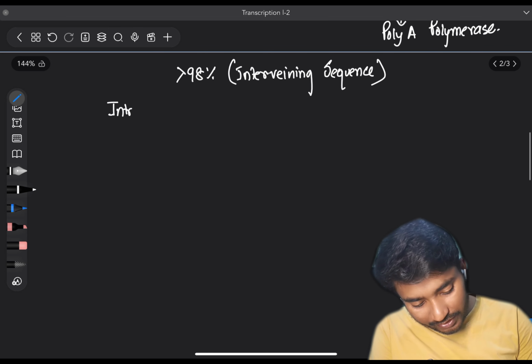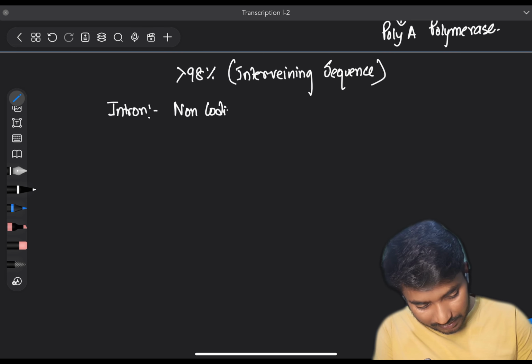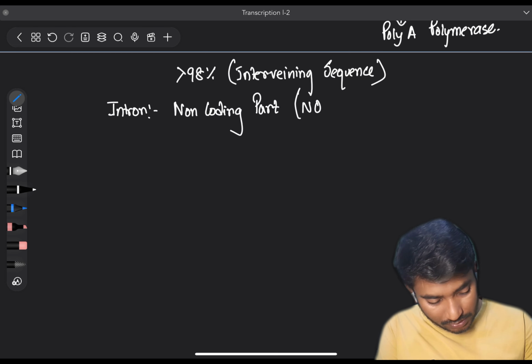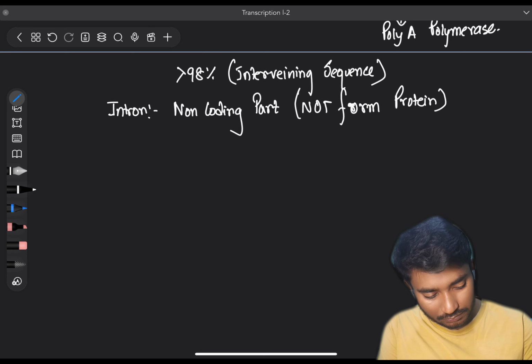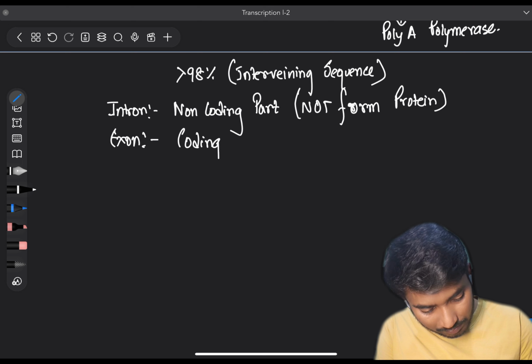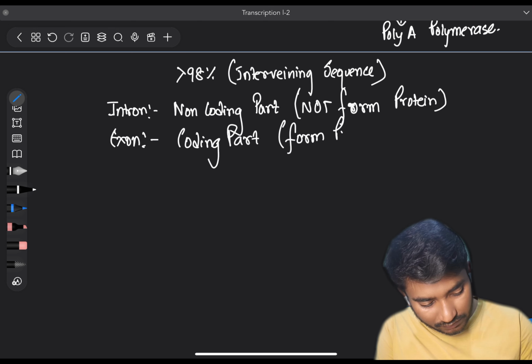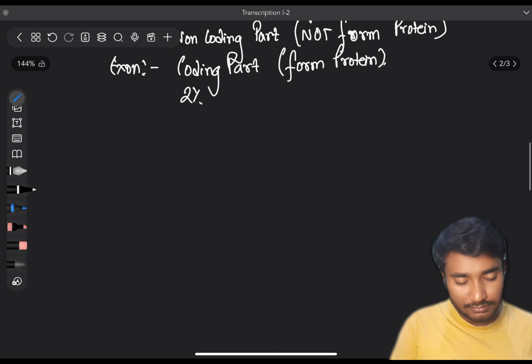I have already said intron is the non-coding part that does not form protein, while exon is the coding part and it forms protein. And that is 2%.